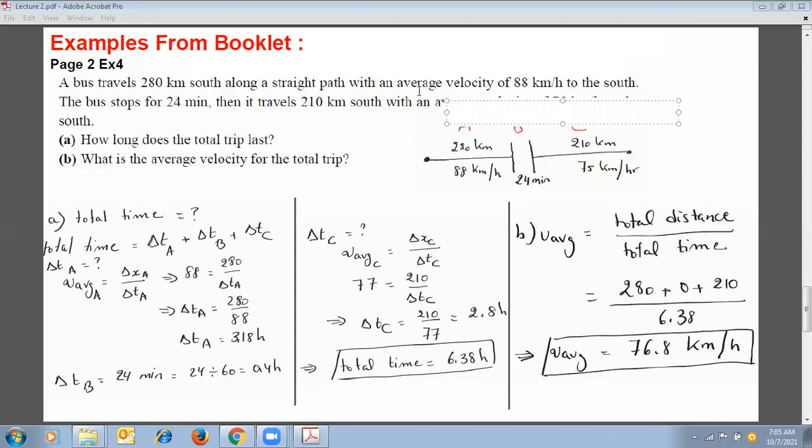And here I like to call it section A, section B, section C. So how long does the total trip last?